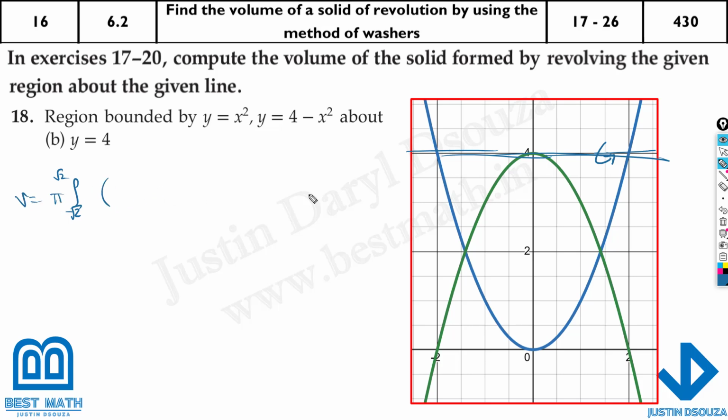What will happen, see this one, how much is the distance from here to here? It is 4. See, the outer radius is 4. But then this is curving inside this parabola. So it'll be 4 minus x squared. Minus, what is this?